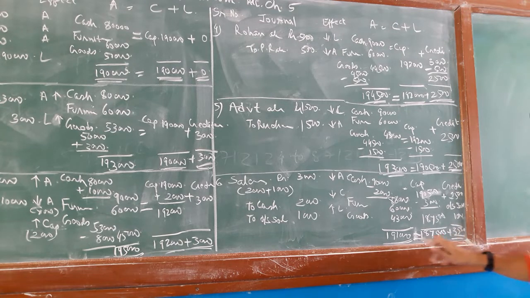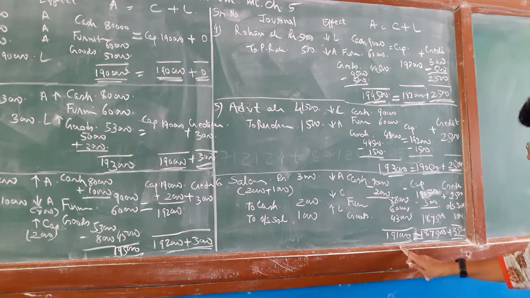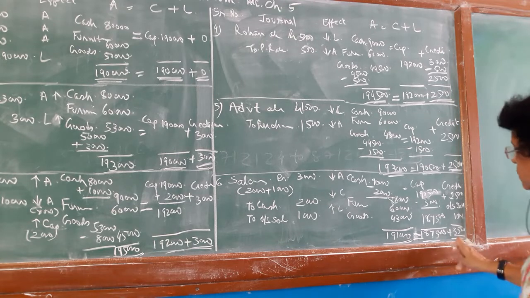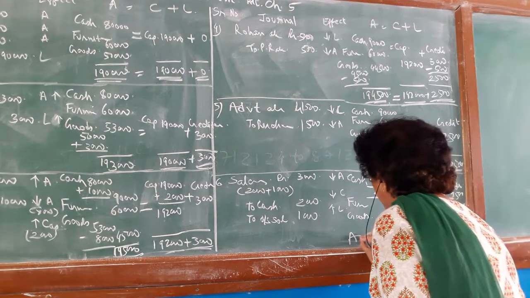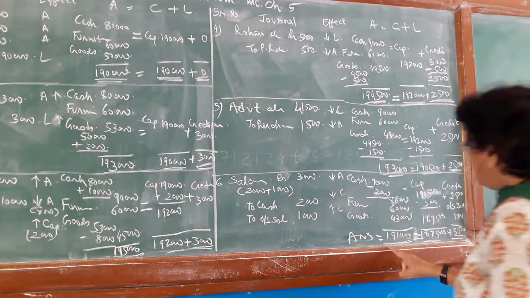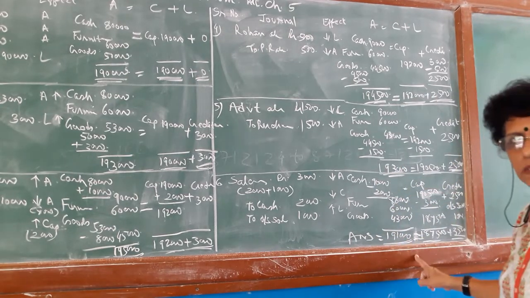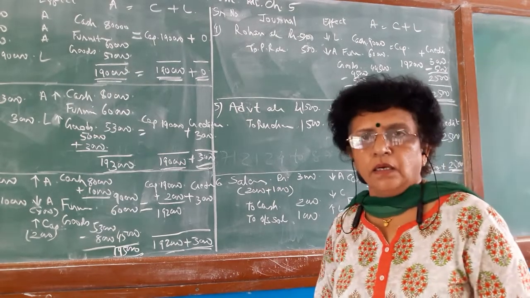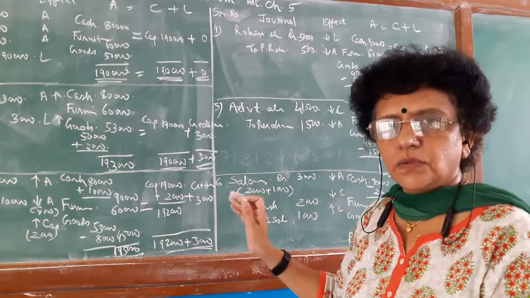So 1,91,000 here and 1,87,500 plus 3,500 is equal to 1,91,000. So any transaction you take, the accounting equation has to tally.